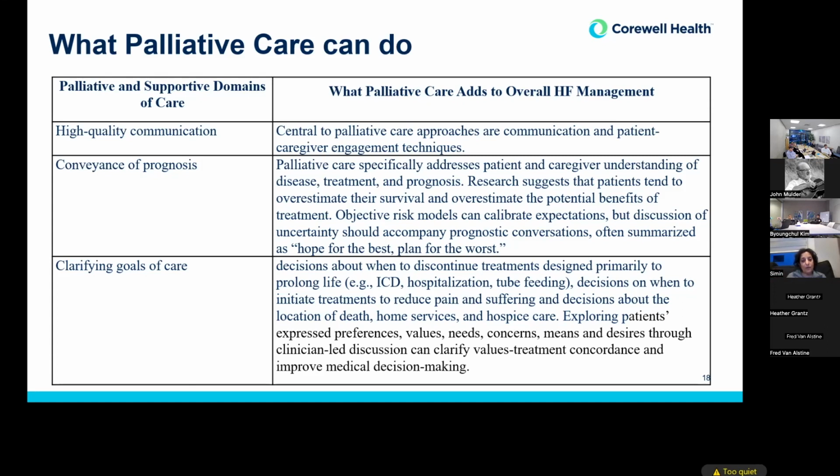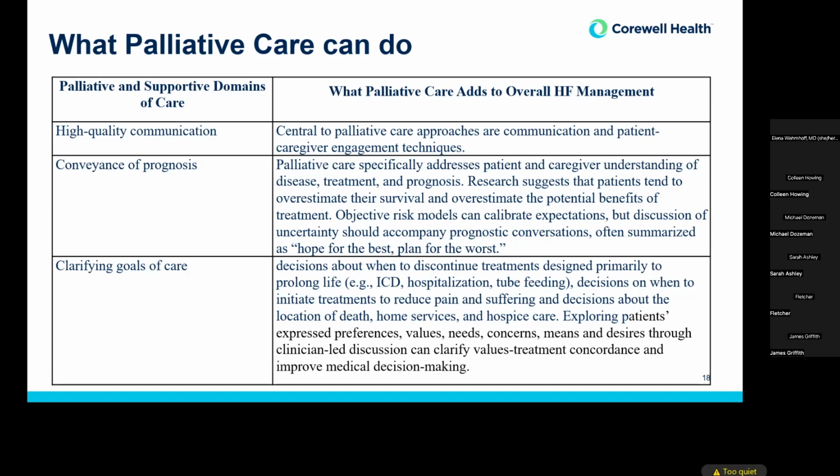The hope for the best and plan for the worst kind of situation. And then also helping them clarify what their goals are. As each time those patients dip and they have an exacerbation, they don't quite come back to their original baseline. So clarifying those goals as their condition progresses is also obviously very important.